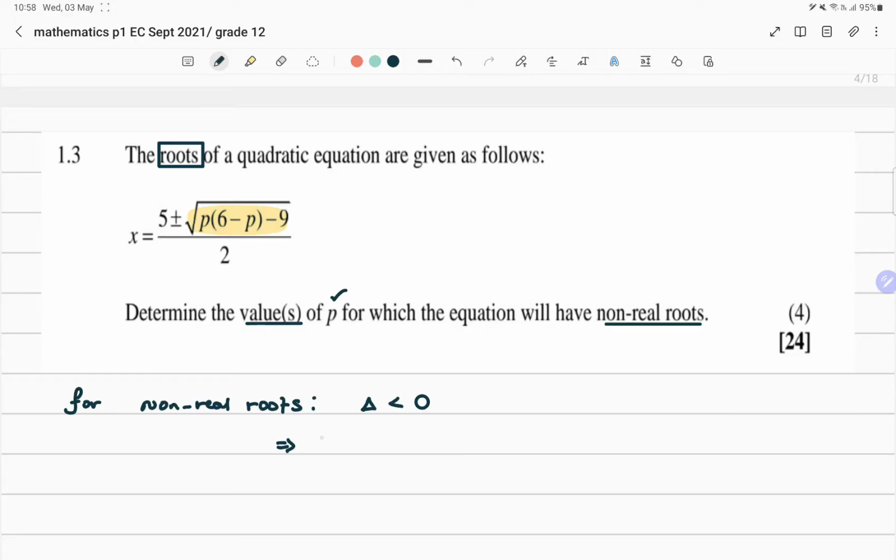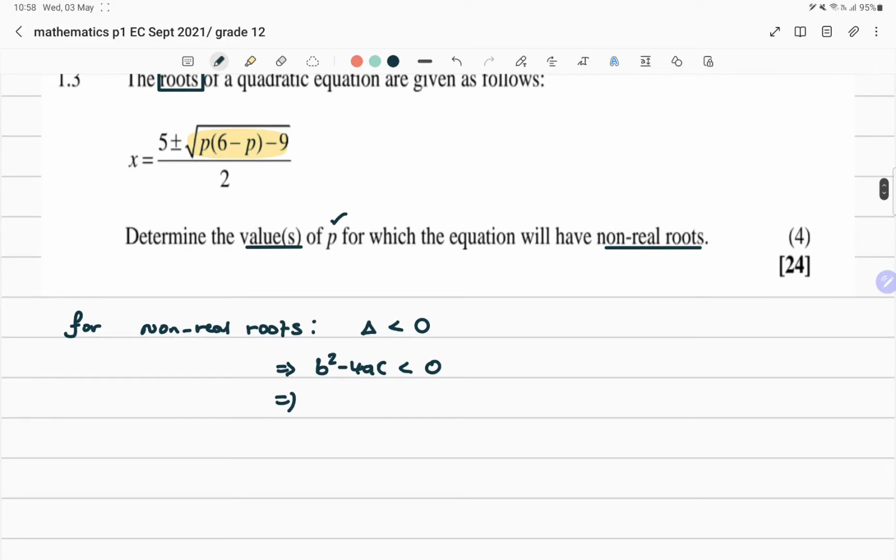Okay? This implies that here you can decide to write b squared minus 4ac is less than 0, which you can substitute now. We've got p(6 minus p) minus 9 less than 0. That's what we're saying.